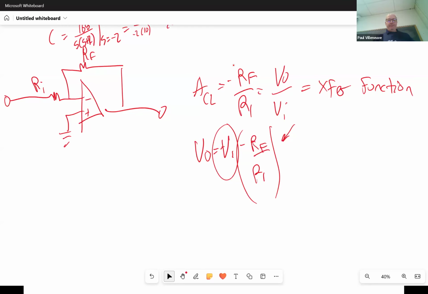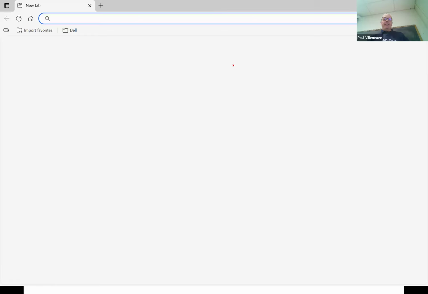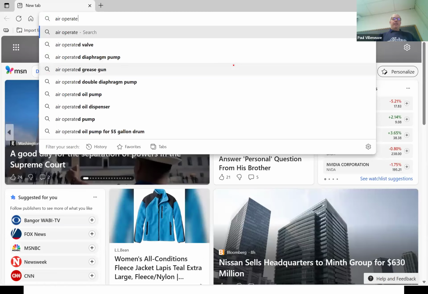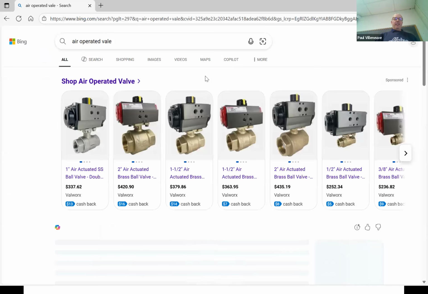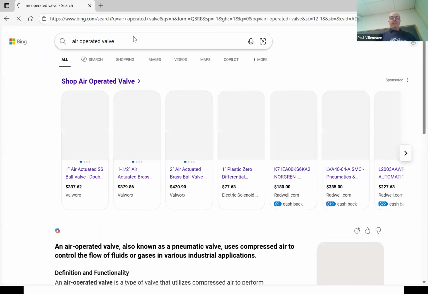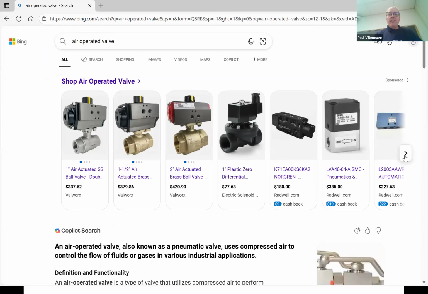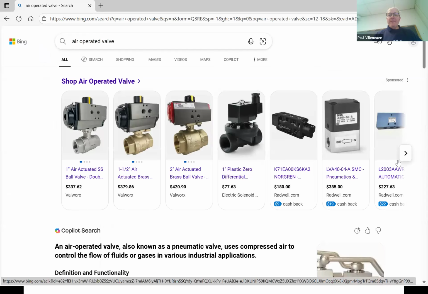Let me see. See if they still make them. These are not the ones. You can see over here, there's a little port for the air coming in.